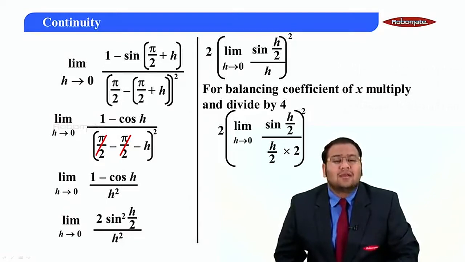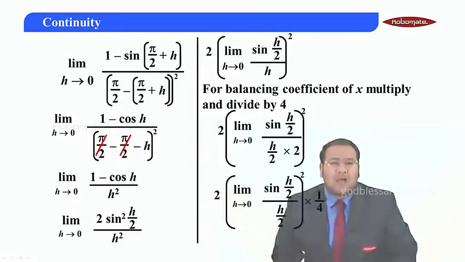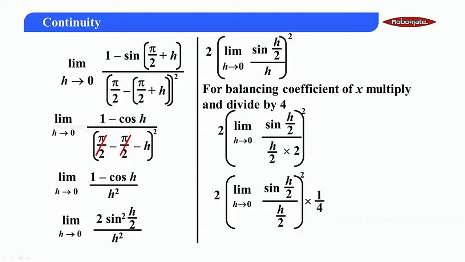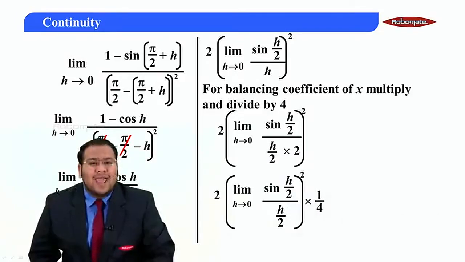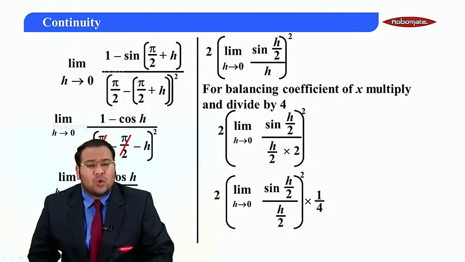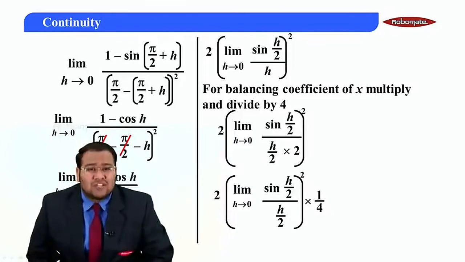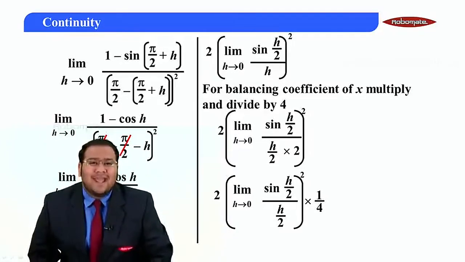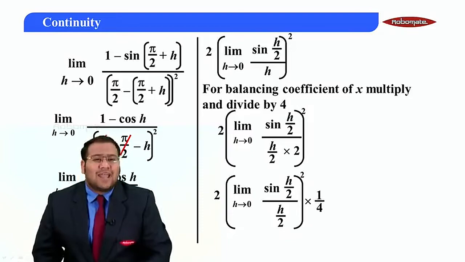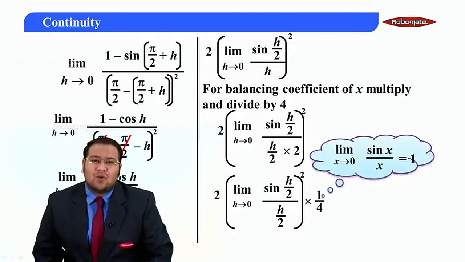So when that 2 square comes out, the equation would be 2 into limit h is tending towards 0, sine h by 2 upon h by 2 into 1 by 4. In this case, if you observe, the equation is of a standard form, limit h is tending towards 0, sine h by h, and it is nothing but 1.